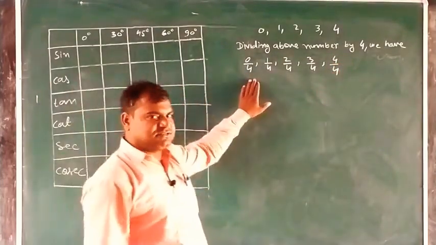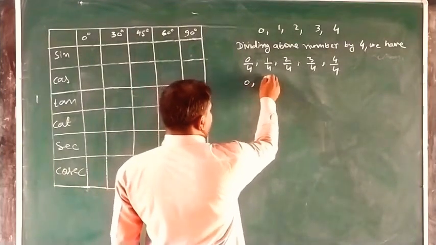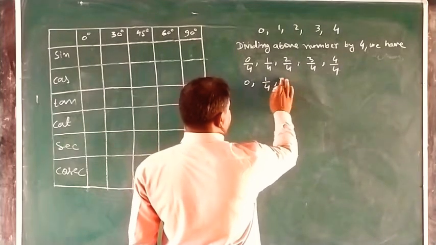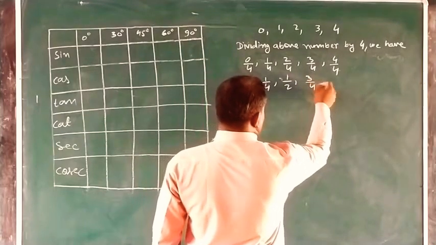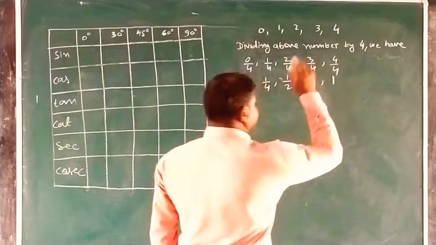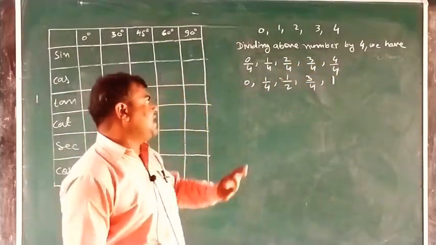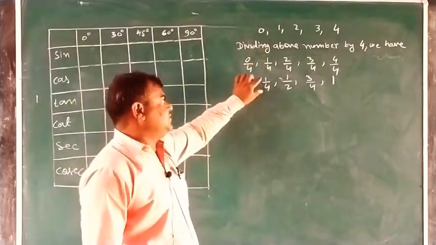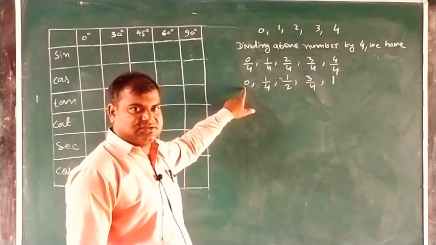After solving this, we will get 0, 1 by 4, 1 by 2, 3 by 4 and 1. The value of 4 by 4 is 1. And we will not write these fractions as decimals. We will write either in fraction form or as a whole number like this.